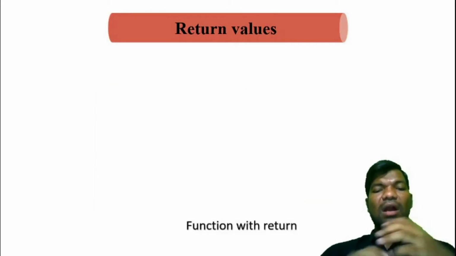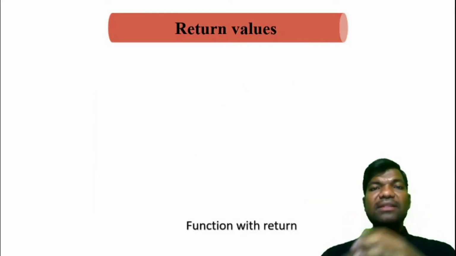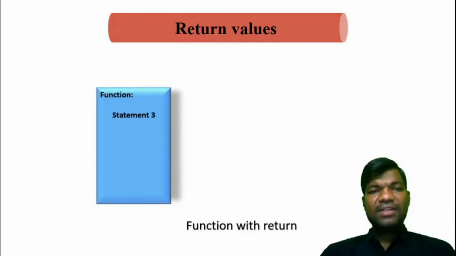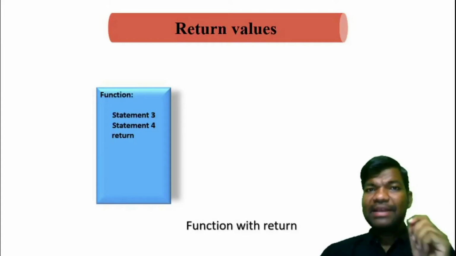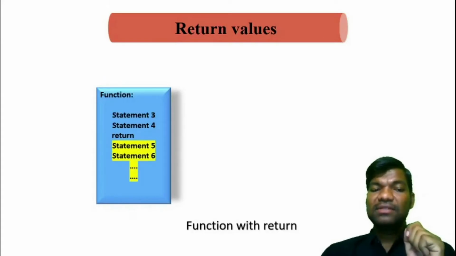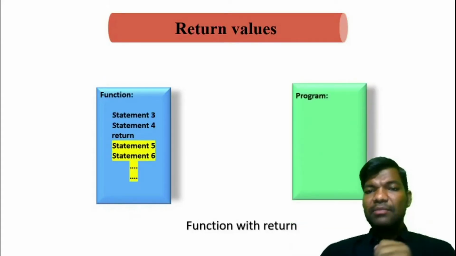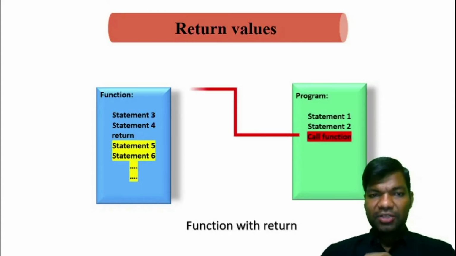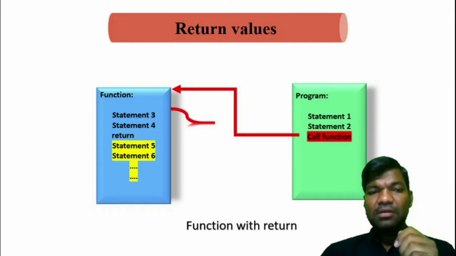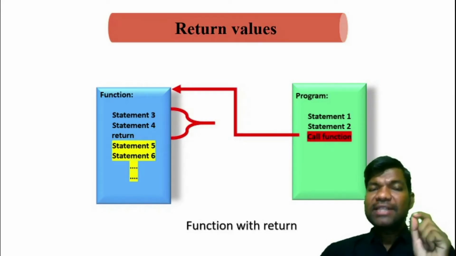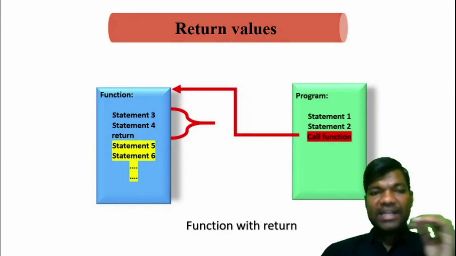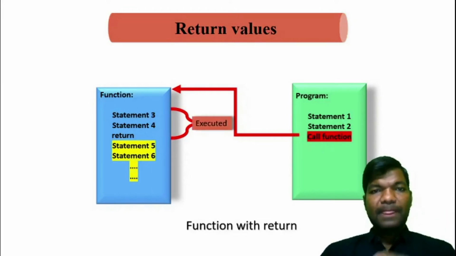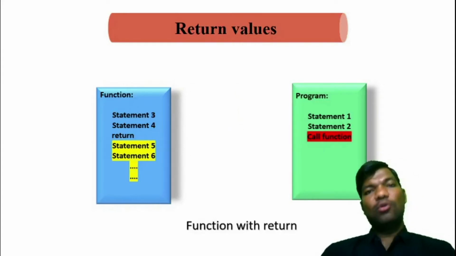Now, coming to functions with a return statement. Consider the same function, statement 3, 4. I am placing a return statement, then statement 5, 6, and so on. Same program: statement 1 executed, statement 2 executed, calling the function. When you call the function, statements up to return are executed. So statement 3, statement 4, return are executed, and then it returns to the main program.